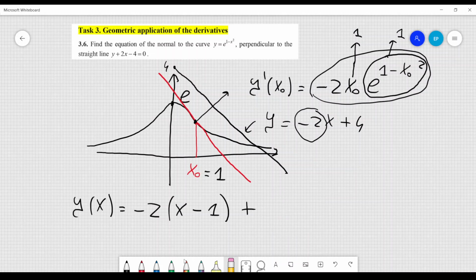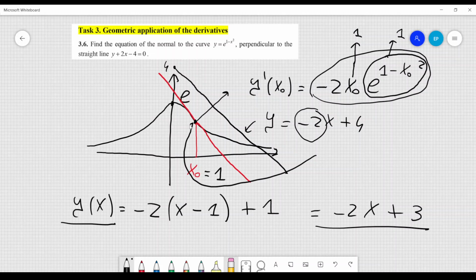So let me put 1 here. So the equation is minus 2x plus 2 plus 1, so it's plus 3 here. So this is the tangent to the curve, the red line, which is parallel to this line here.